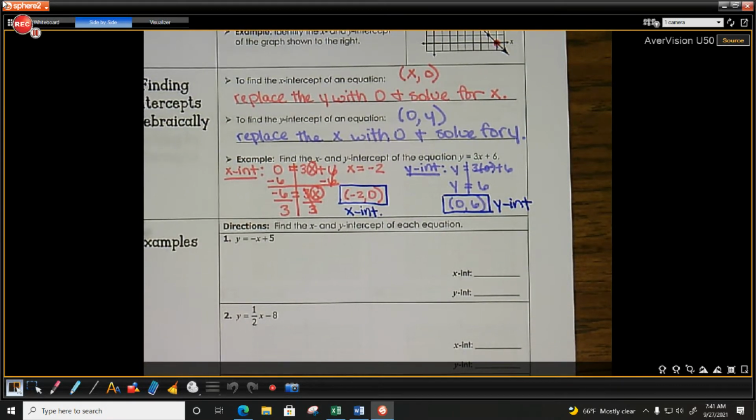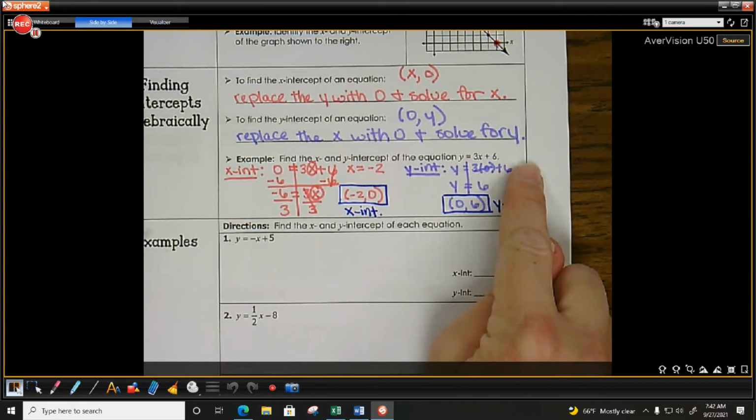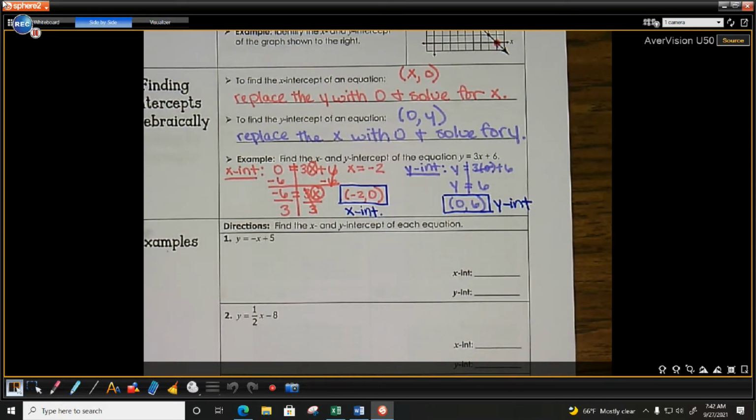Because when you are in standard form, yes, I know right now we're in slope-intercept form, y equals mx plus b, but most of the ones we're going to do, you're going to be in standard form. How many points do you need to graph a line? If you only have 1 point, there's an infinite number of lines through 1 point. So you don't need 1 point, you need 2 points.